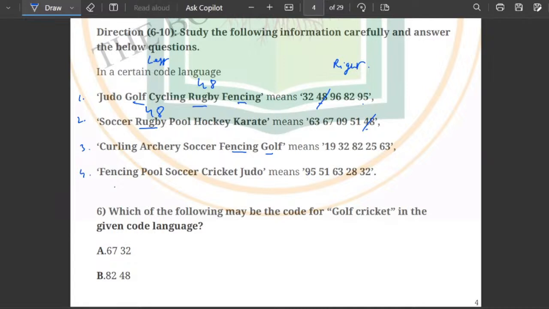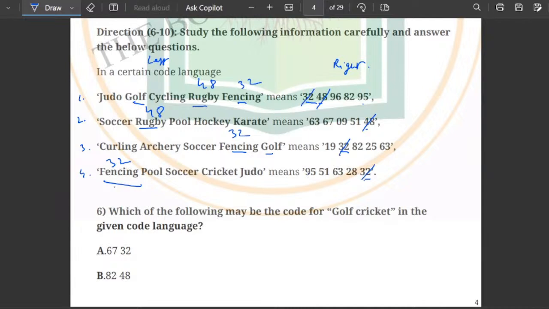No, 95 is not there in the third. So let us see something else. 32 is common in first, third and fourth. So fencing will go for 32. Now 32 we can strike out.